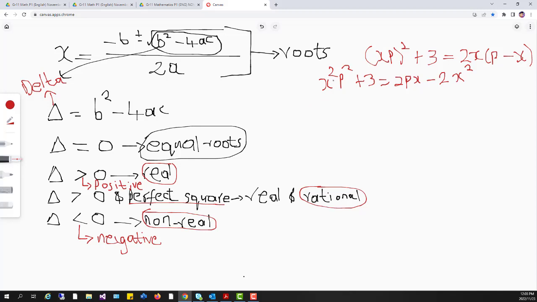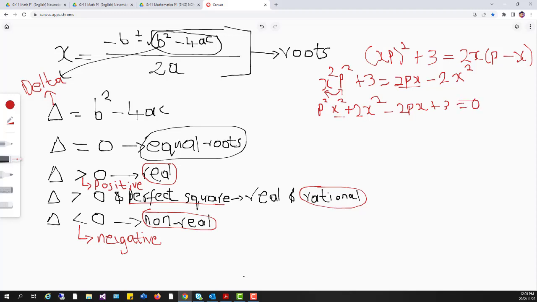I'm going to put p squared first. We will have p squared x squared, and then this now will be plus 2x squared, and then transferring this one will be minus 2px, and then we have plus 3 equals 0.